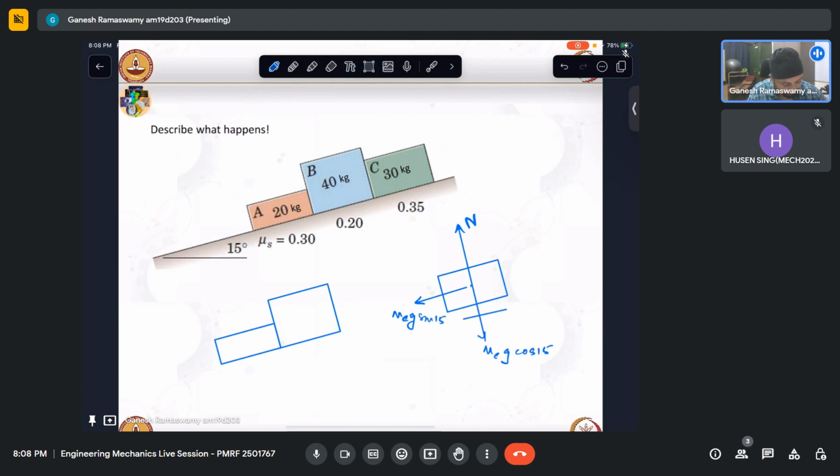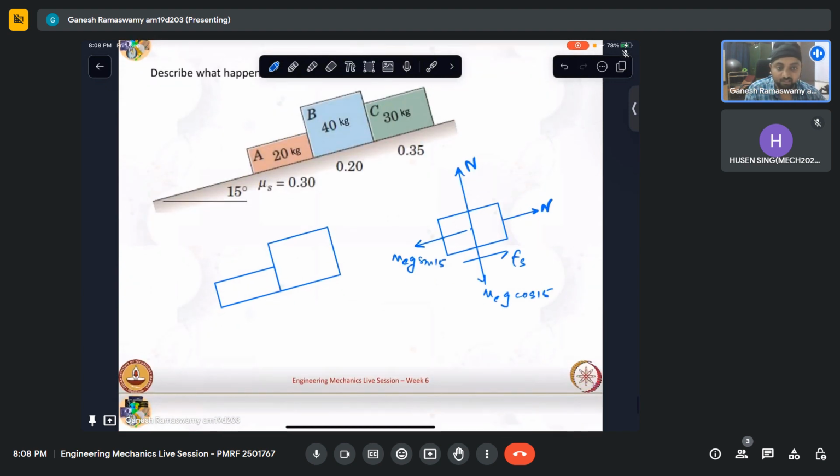Now for the moment, let me check with this configuration whether this N, rather NBC, exists or not.